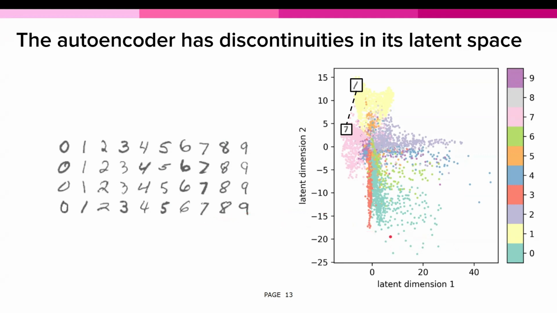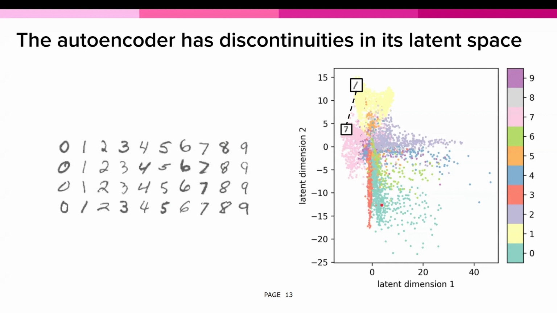And what we can see are distinct clusters corresponding to each digit. And so this structured clustering is good for reconstruction because it simplifies the decoder's task. Each cluster corresponds to a specific input class, like a particular digit, for example, 7 and 1, 3's down here.